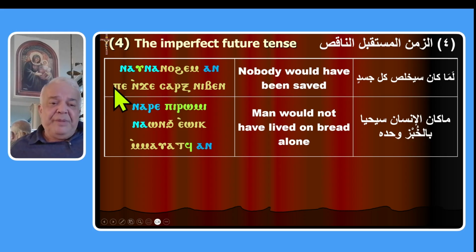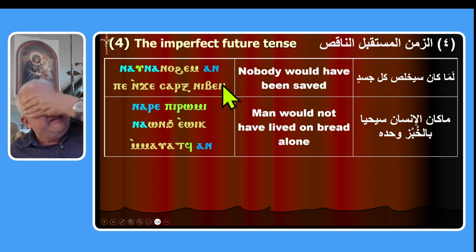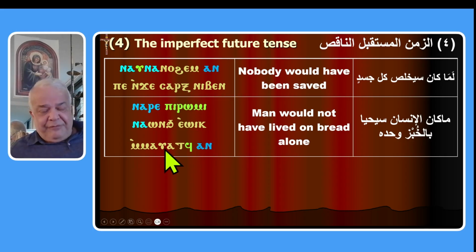Pay for confirmation, for sure. I mean, and je here means I mean, sarex niven, everybody. So no one or nobody would have been saved if the Lord or the Father didn't shorten the bad days of the end of life.